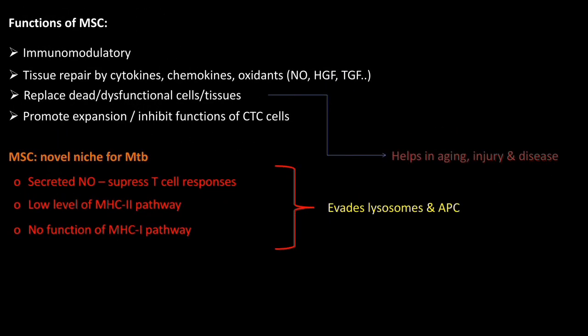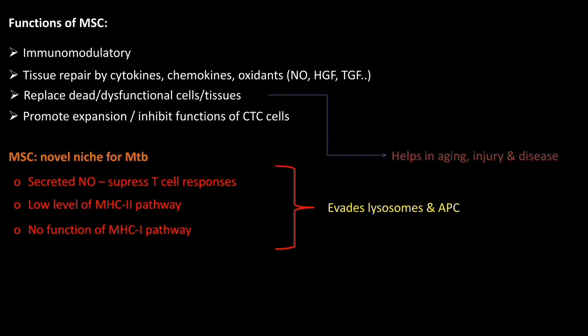The other functions of mesenchymal stem cells that play a role in tuberculosis are immunomodulation, which converts M1 macrophages, that is classical macrophages, into alternatively activated macrophages. They also repair tissues through cytokines, chemokines, and oxidants, by release of nitric oxide and tumor growth factor.